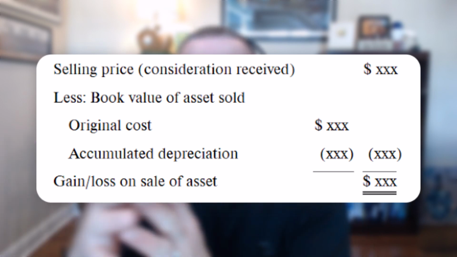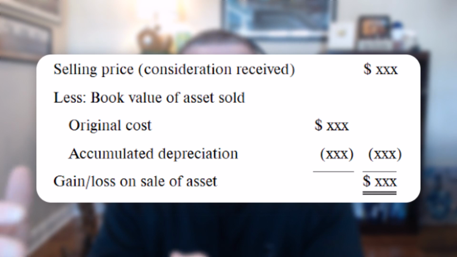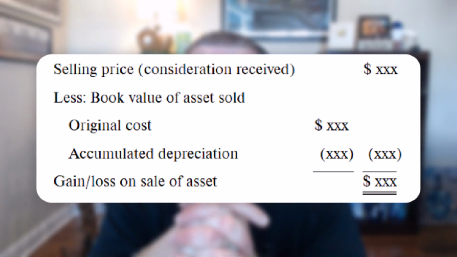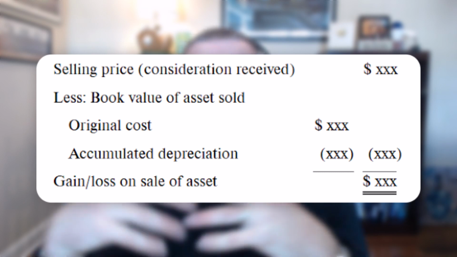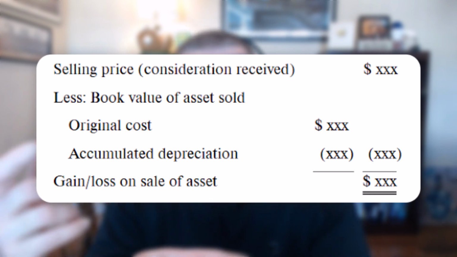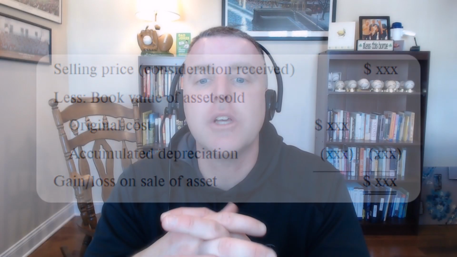And so therefore we're selling this asset at a loss. We're selling it for $10,000 cash at a time when it's worth much more than $10,000 cash on our balance sheet. So in this situation, we would record a loss. The selling price is lower than what our balance sheet says that this asset is worth after depreciation. Okay, so in this case, we would record a loss.